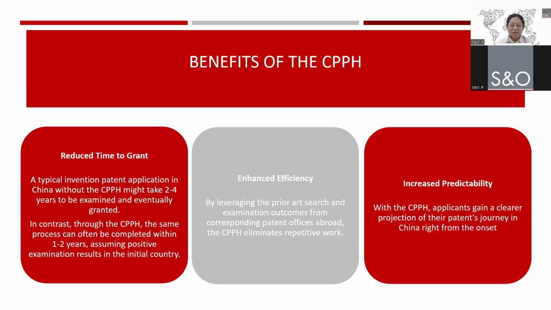While traditional patent examination in China can take several years, the CPPH can lessen this duration, making it particularly appealing for techniques with a short product cycle, or those requiring rapid market entry.